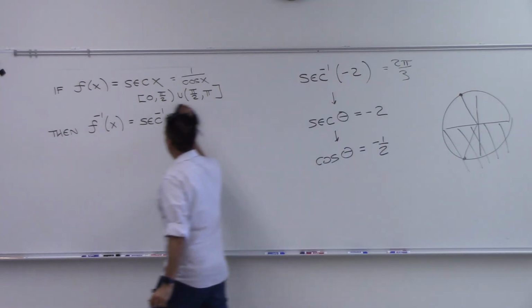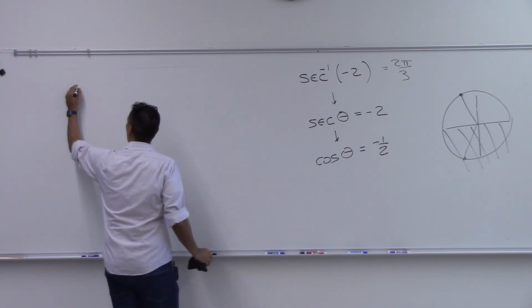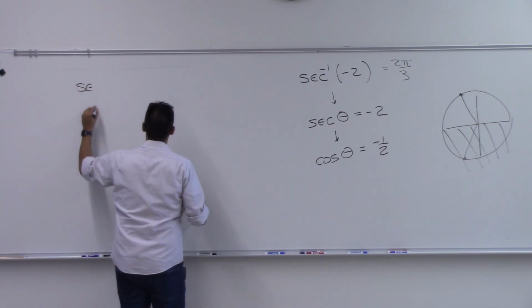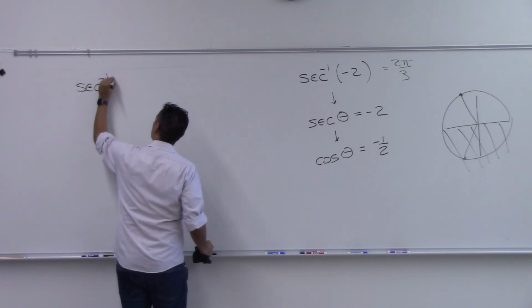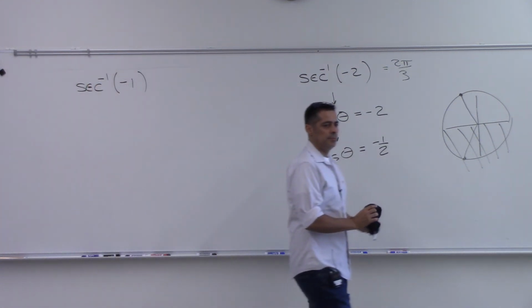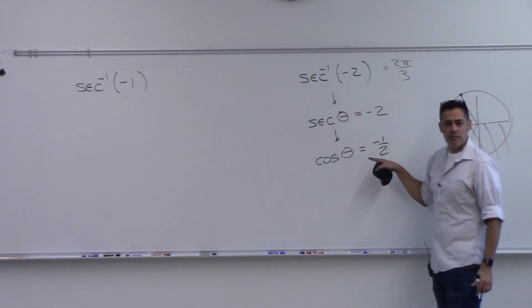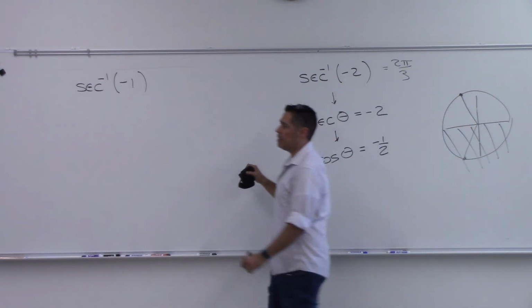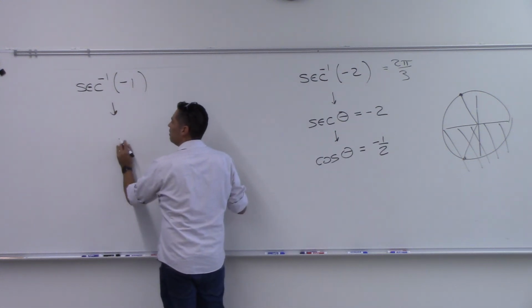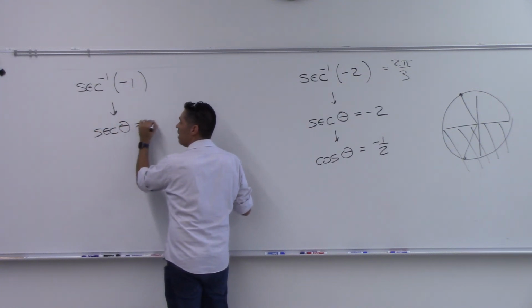Try this one. What's secant inverse of -1? I'm going to run through this same thing again. This is really asking me, where is secant of some angle -1?